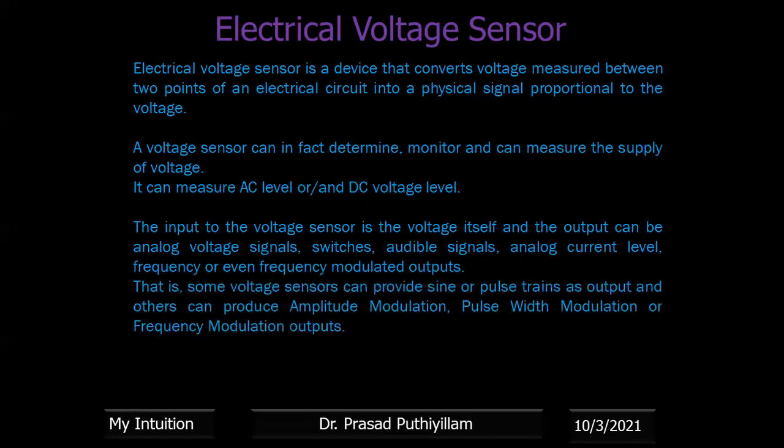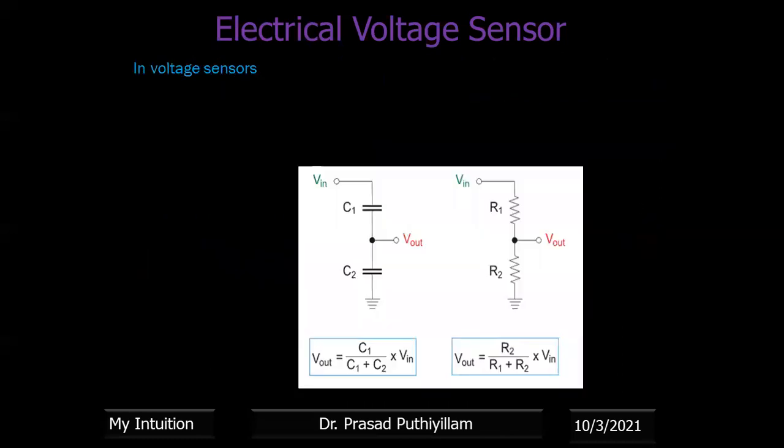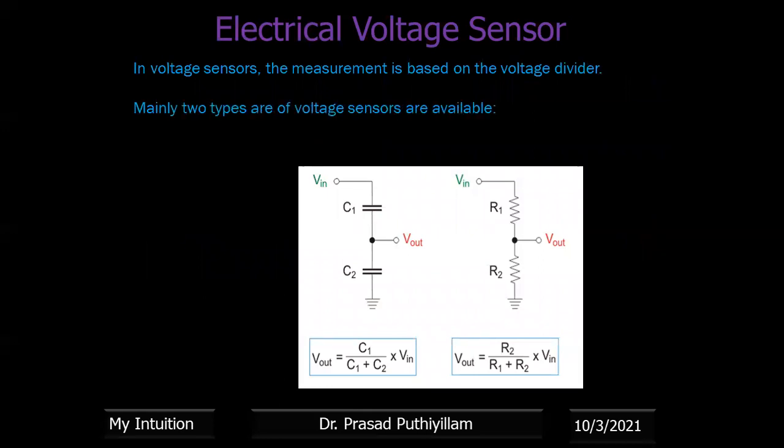Some voltage sensors can provide sine or pulse trains as output, and others can produce amplitude modulation, pulse width modulation, or frequency modulation outputs. Based on that, different sensors are available. Now, in voltage sensor, the measurement is based on the voltage divider.